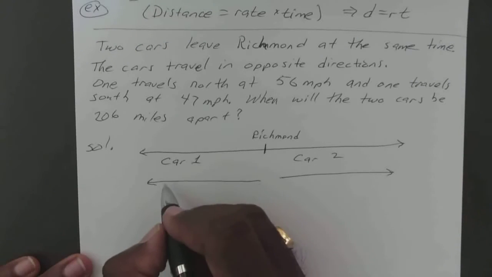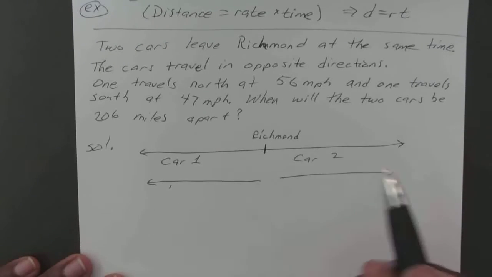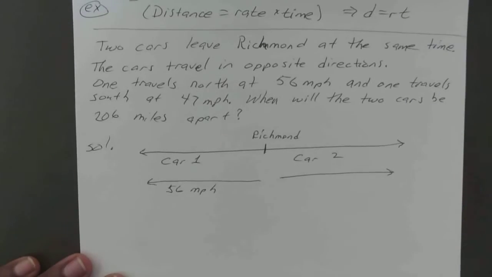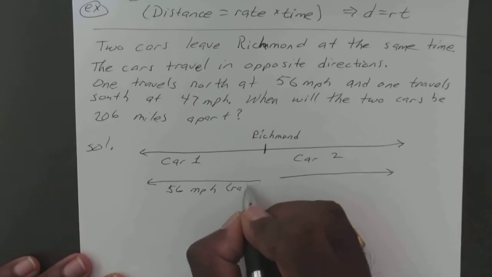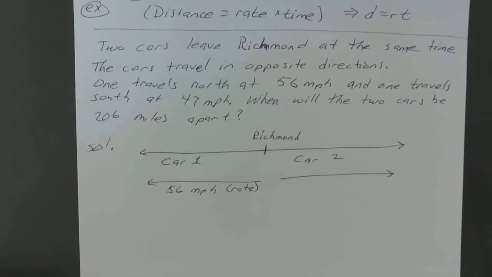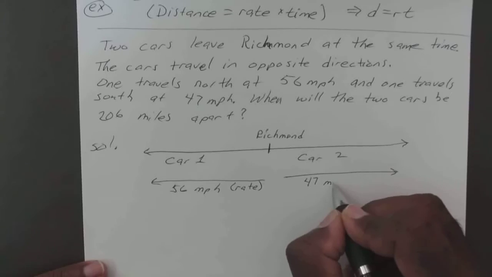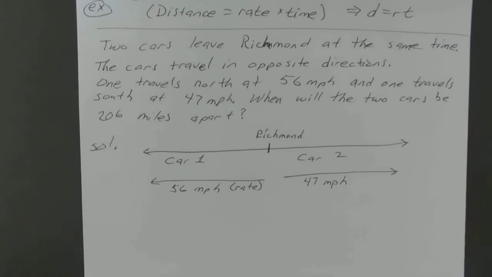Okay, so if car number 1 is traveling 56 miles per hour, remember that's your rate. So if you see miles per hour, feet per second, anything like that, that's your rate. Car 2 is traveling 47 miles per hour. Okay, so what we want to know is, after the end of all of that traveling, when will they be 206 miles apart? Okay.